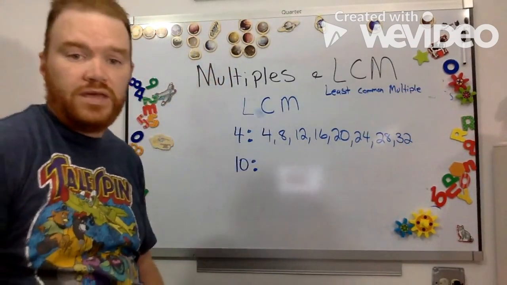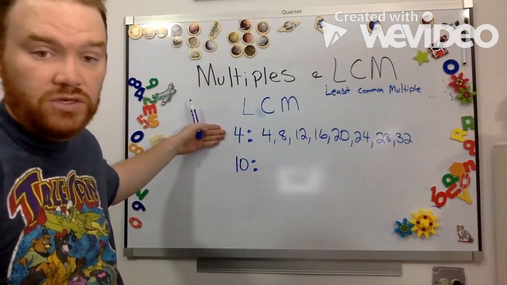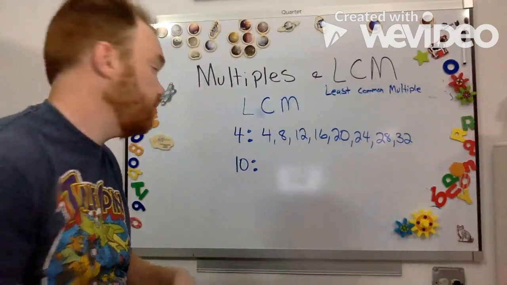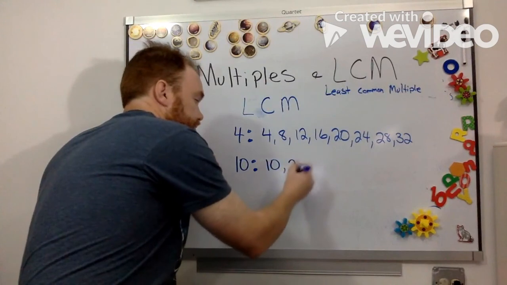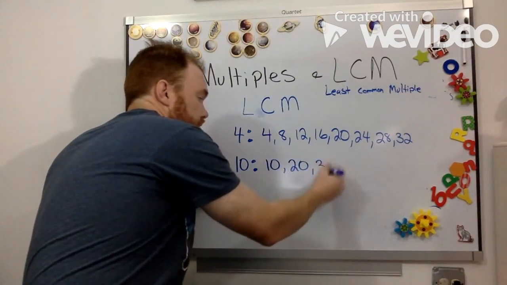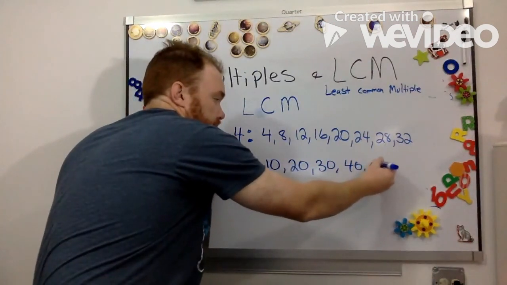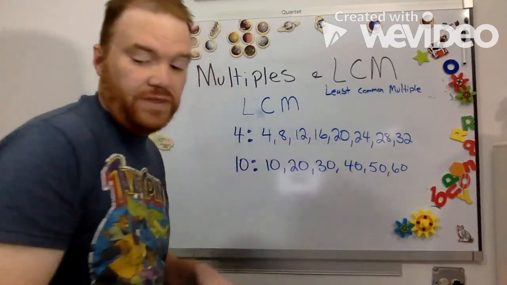Maybe you can already tell by looking at this list of multiples what the least common multiple is, but if you can't, we're going to list out multiples of 10: 10, 20, 30, 40, 50, 60. Okay, I'm going to stop there.